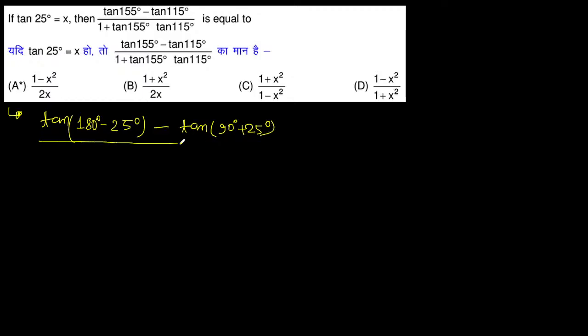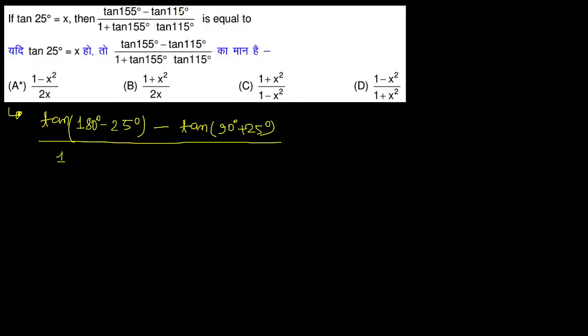25 degrees x. This is this, this is this. Okay, 180 minus 25 degree. This we can write as 90 degree plus 25 degree. This is 1.